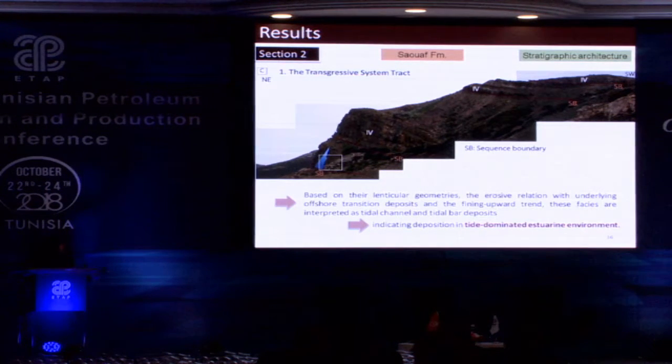Based on their lenticular geometries, the erosive relation with the underlying offshore transition deposits, and the fining-upward trend, these facies are interpreted as tidal channel and tidal bar deposits. This can indicate deposition in tide-dominated and estuarine environments.